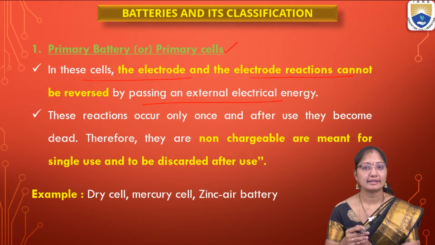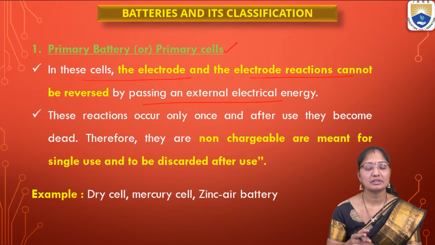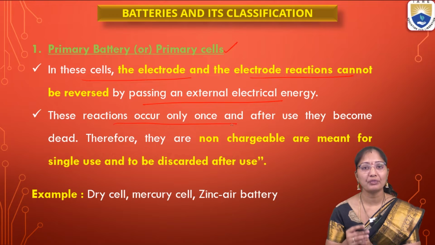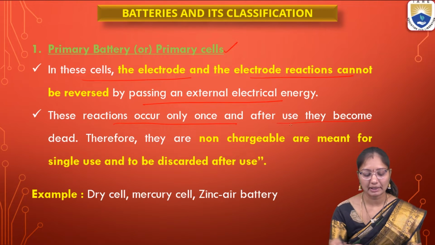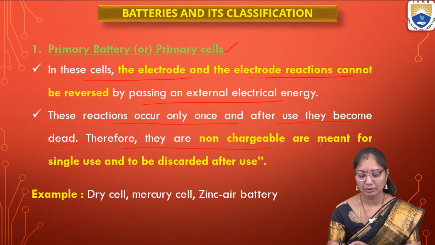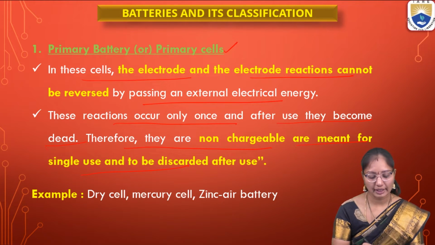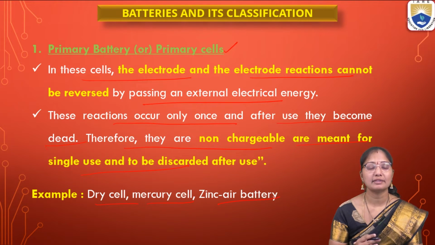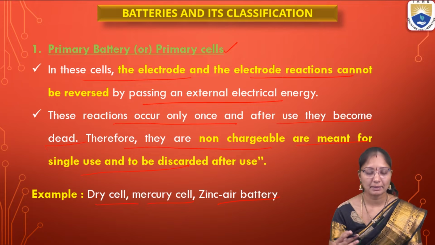By passing an external current, we cannot reverse the electrochemical reaction taking place inside the battery. So these reactions occur only once, and after use they become dead. We can't use them further. Therefore, they are non-rechargeable, meant for single use, and can be discarded after use. Examples: dry cell, mercury cell, and zinc and manganese batteries come under this primary cell category.